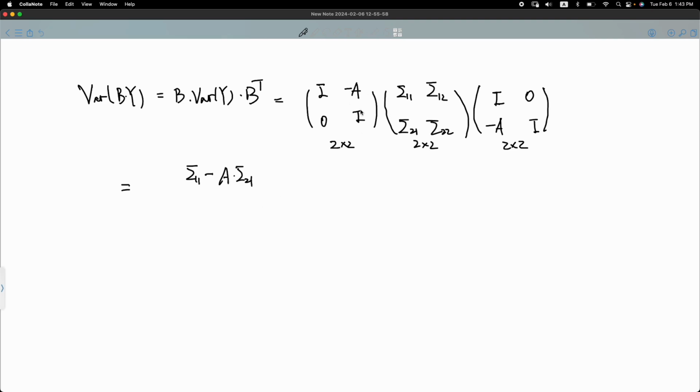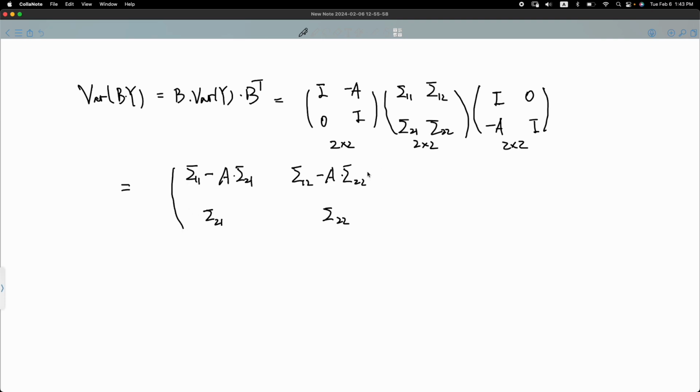Sigma 1 1 minus A sigma 2 1, and 0 plus sigma 2 1, and then sigma 1 2 minus A multiplied by sigma 2 2, and 0 plus sigma 2 2.